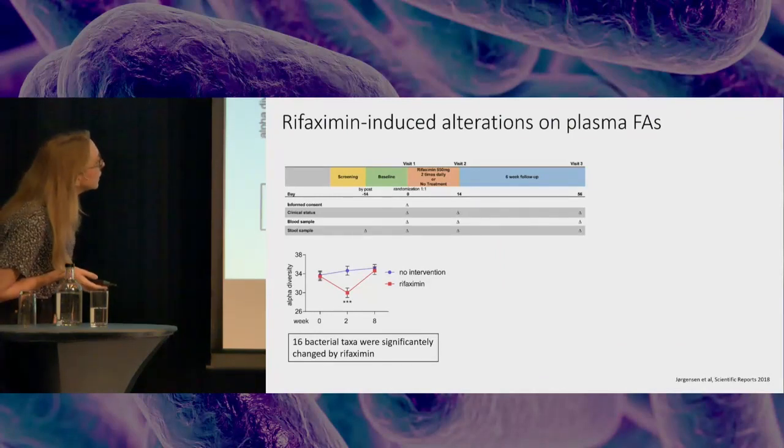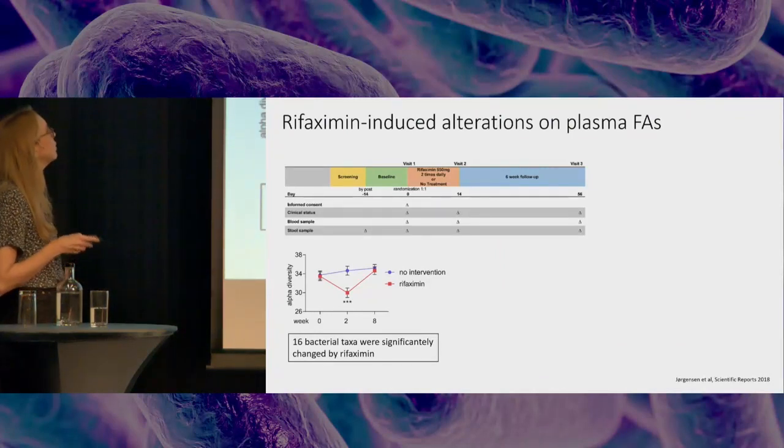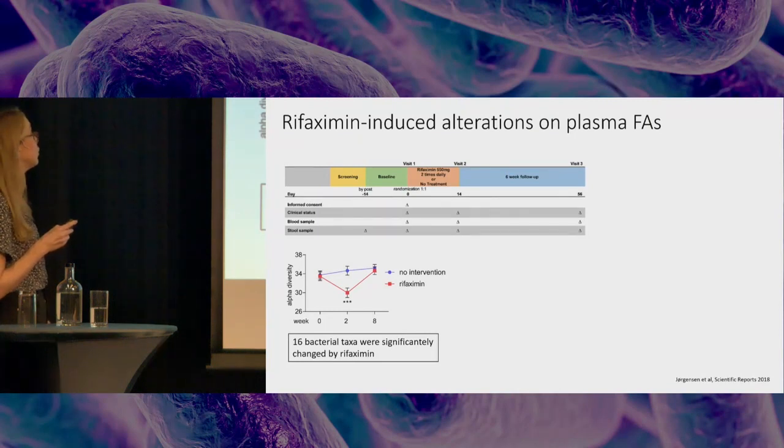In 2018, we published a randomized controlled study where we used rifaximin for 2 weeks, and then we had a 6-week observation period. We showed that the alpha diversity was reduced with rifaximin, but after 6 weeks, it went back to the normal level.